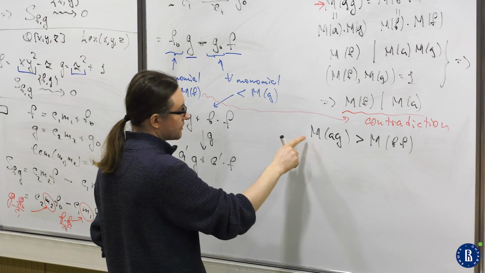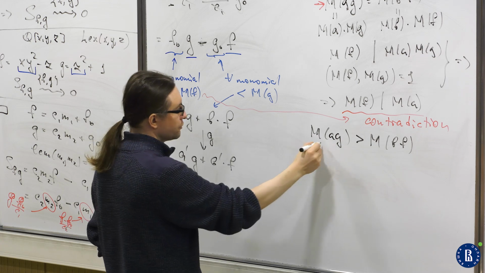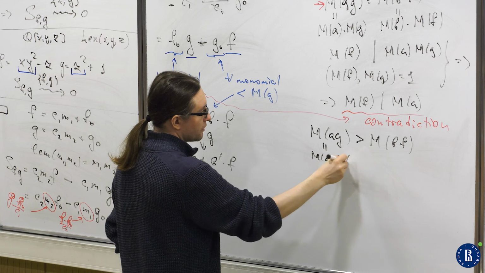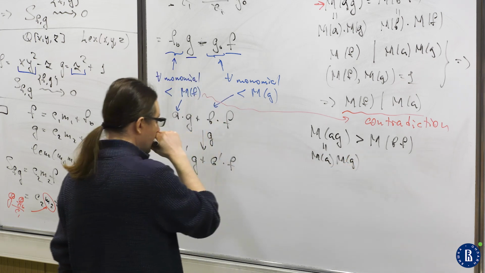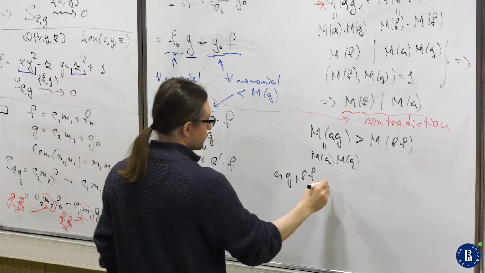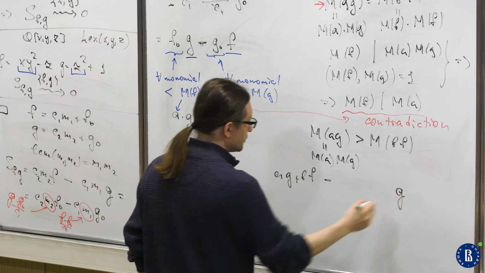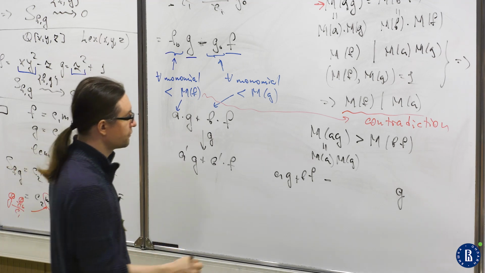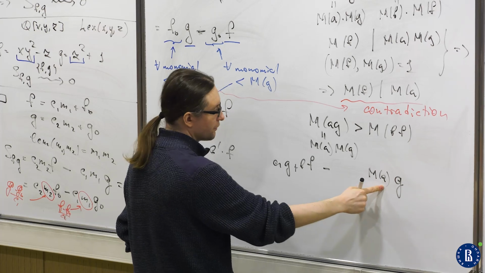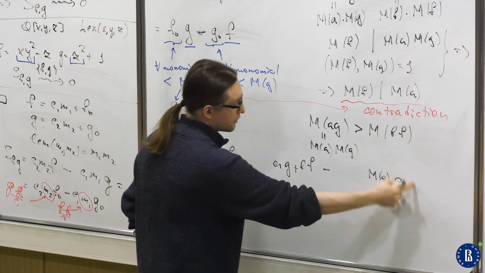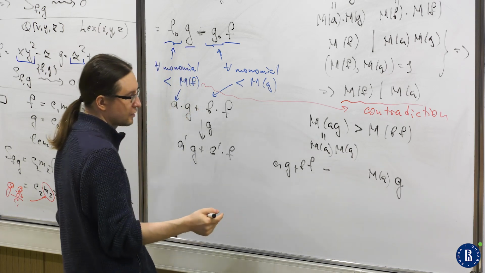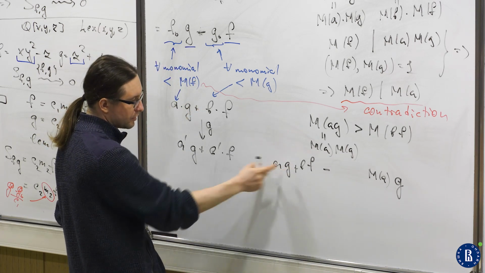Since this is the monomial we're going to reduce, it's the product of the leading monomial of A and the leading monomial of G. So how do we make the reduction? Well, we should subtract G times what? First of all, we should multiply the polynomial G by the leading monomial of A in order to make the leading monomial here the same as here. And then we should multiply this by the corresponding coefficient in order to make the coefficient the same as here.